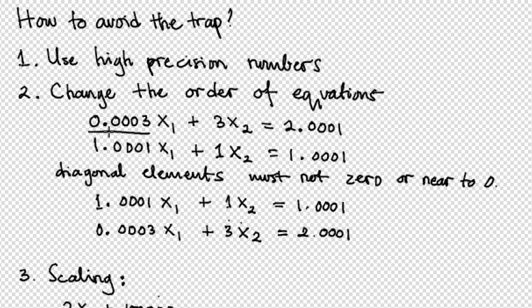Then how to do that? You just interchange the order. So this diagonal element must not be 0 or near to 0. So if you change, then you have a diagonal that is not near to 0, then you can solve this equation.